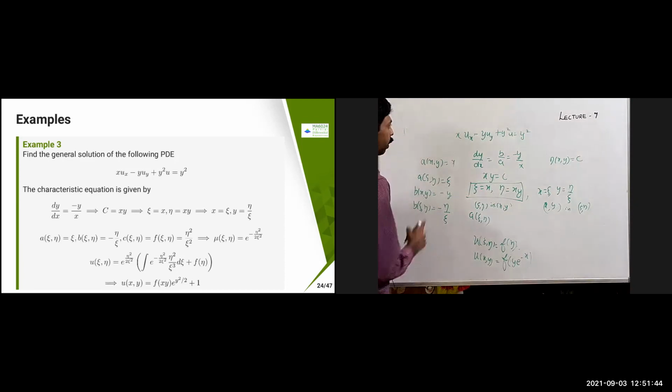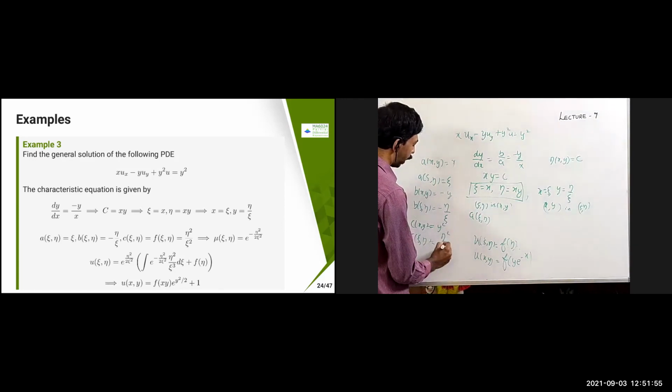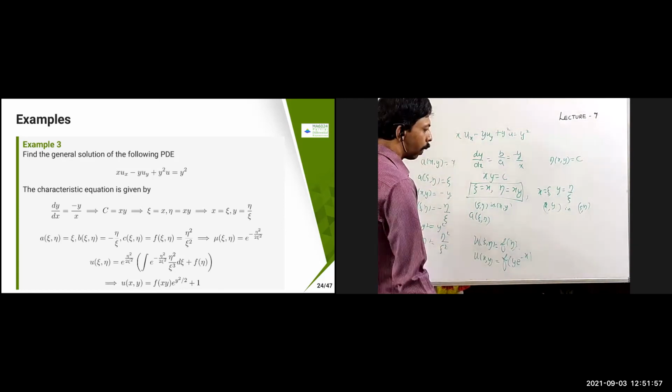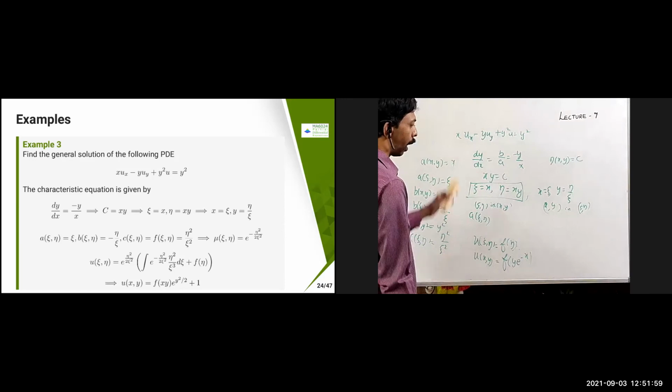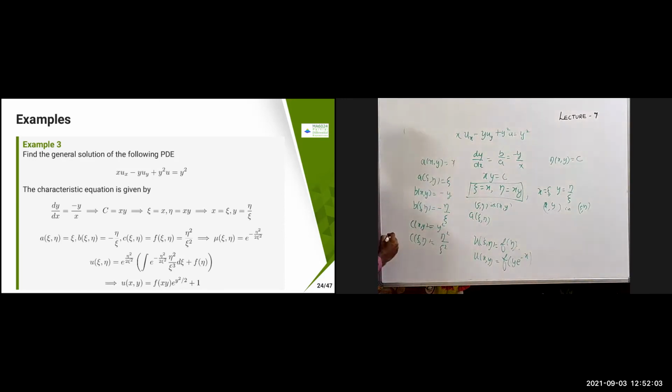Then c of x comma y is nothing but y square. So c of chi comma eta is y square, which is eta square by chi square. Then f is also y square, so f of chi comma eta is also the same.